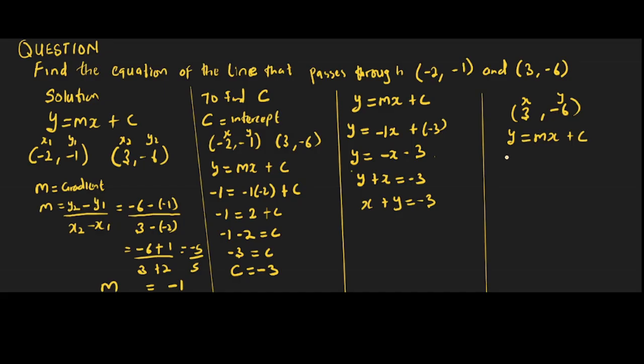Now our y is going to be -6, our m is going to be -1, our x is 3 plus c. This is going to give us -6 equals -3 plus c. This is -6 plus 3 equals c. This is going to give us -3 equals c. You can see that our c is also equal to -3. Same thing we have here.